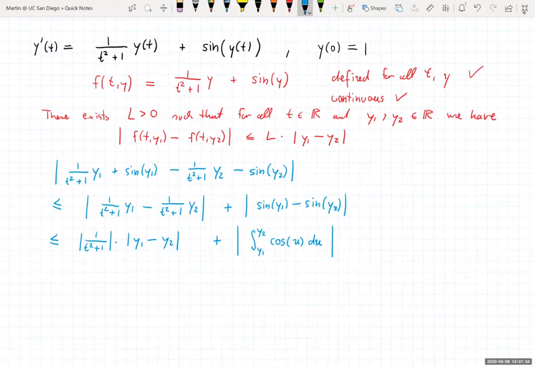Now going from there, on the one hand, this term 1 over t squared plus 1 can safely be bounded from above by 1. So we already have y1 minus y2.